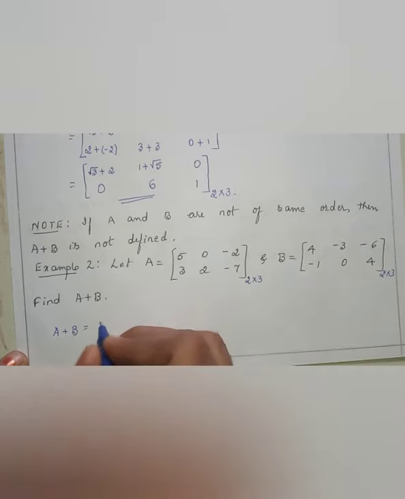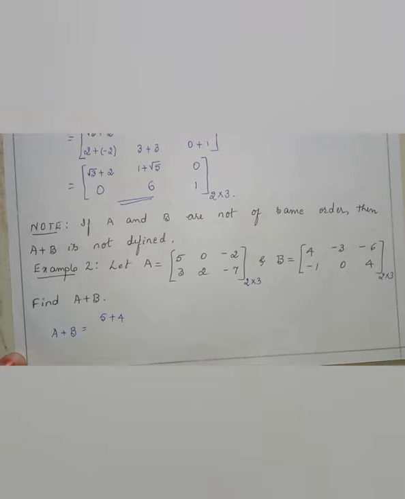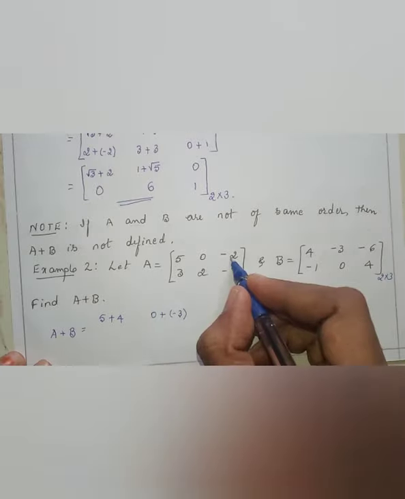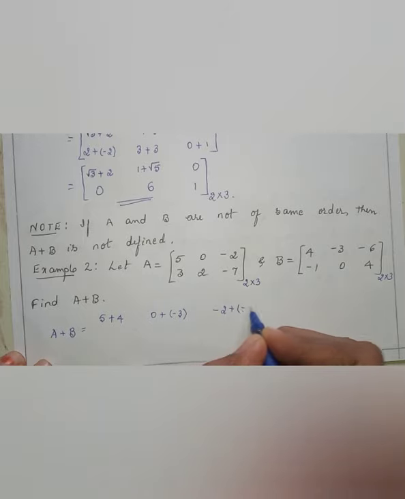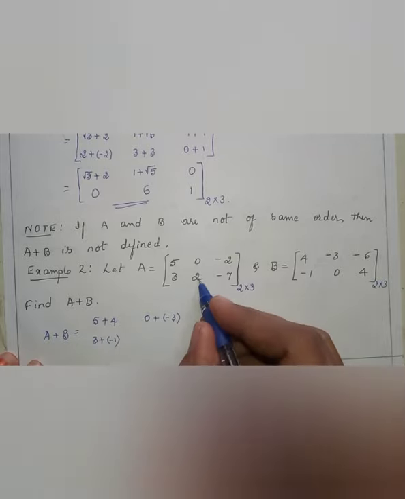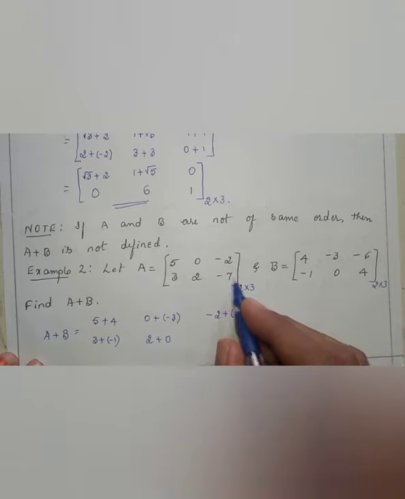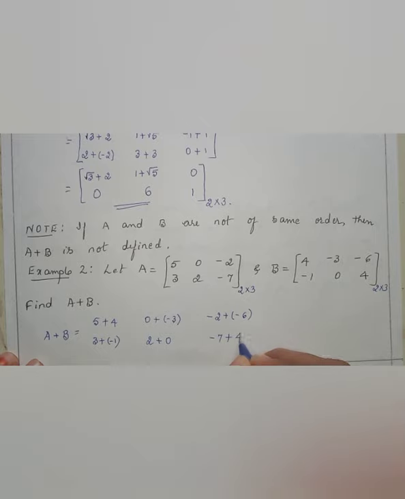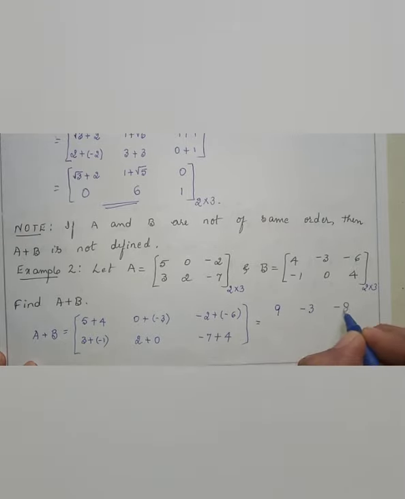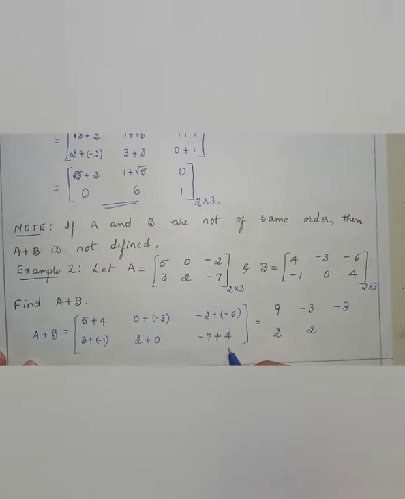Adding the corresponding elements: 5 plus 4, 0 plus minus 3, minus 2 plus minus 6, 3 plus minus 1, 2 plus 0, minus 7 plus 4. 5 plus 4 is 9, minus 3 plus 0 is minus 3, minus 2 minus 6 is minus 8, 3 minus 1 is 2, 2 plus 0 is 2, minus 7 plus 4 is minus 3.